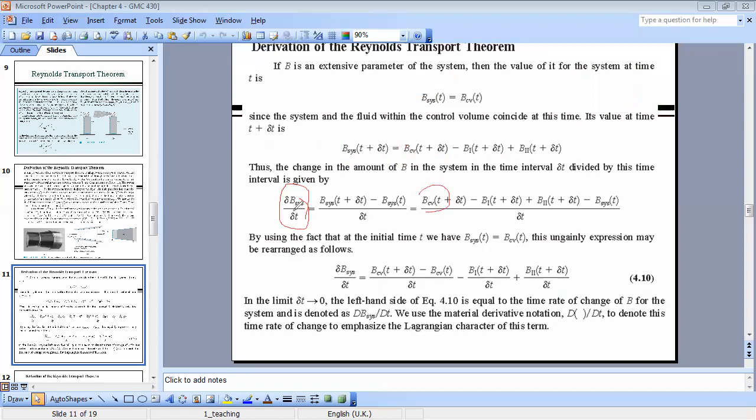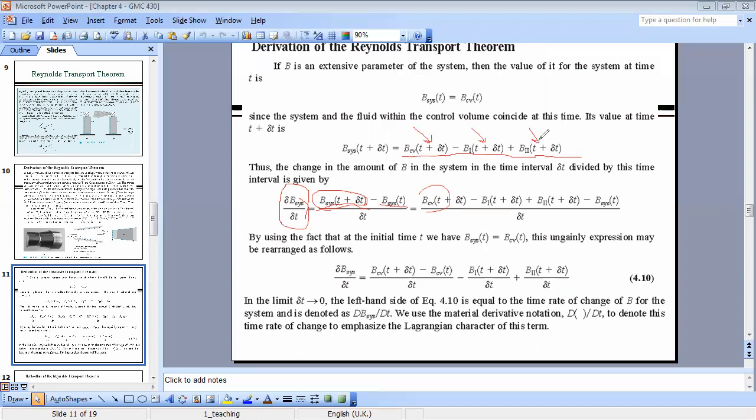To do this, I will say that the variation of the property of the system with time is the property of the system at t plus delta t minus the property of the system at t, over delta t, equals, now I will just replace the property of the system at t plus delta t by its expression from here, which is the property of the control volume at t plus delta t minus b1 at t plus delta t and plus b2 at t plus delta t.